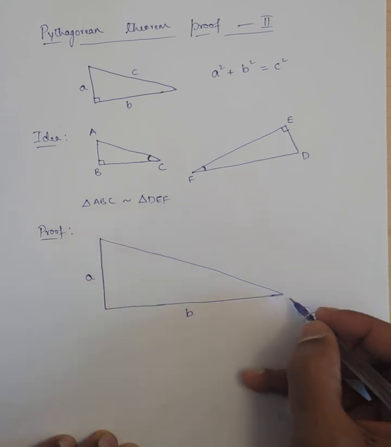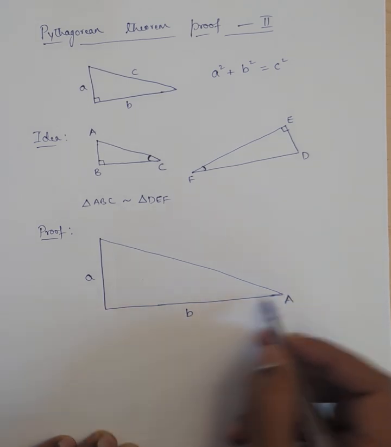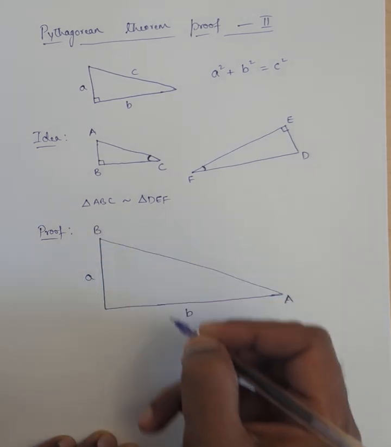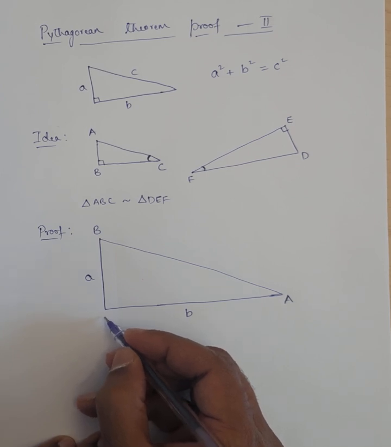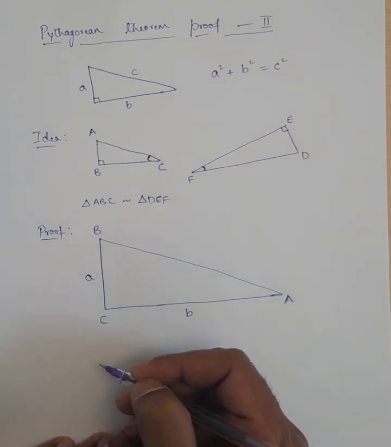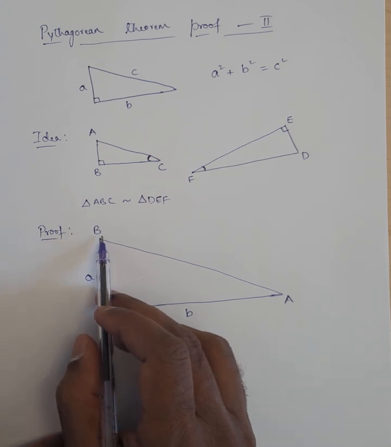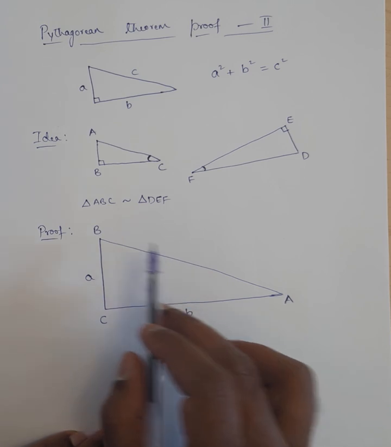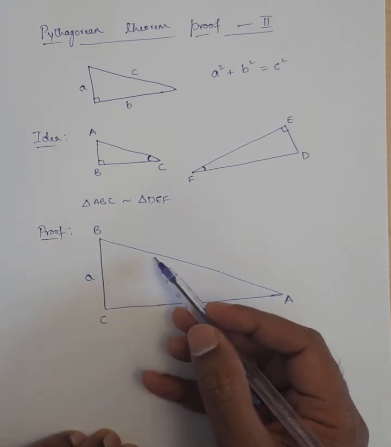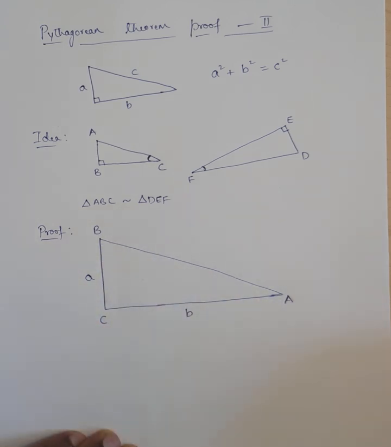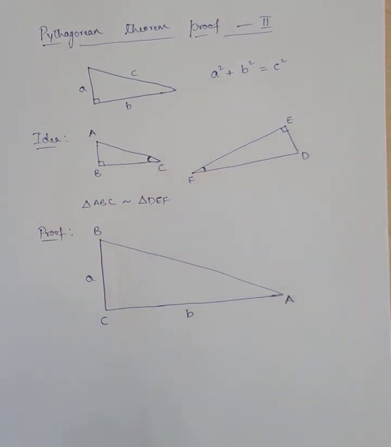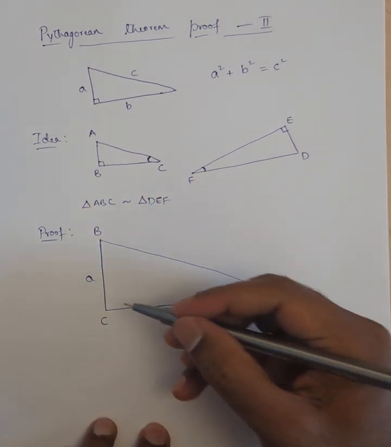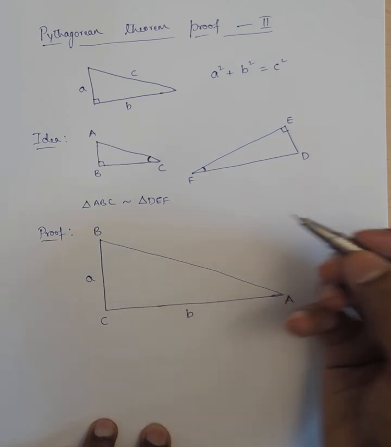If this side length is a, then I label this opposite vertex with uppercase A. If this side length is b, then this is B, and then this is triangle ABC. And also notice that the hypotenuse is c, but I'm not writing even that because I intend to drop a perpendicular that would split the hypotenuse. So let's go ahead and drop a perpendicular from C onto AB.